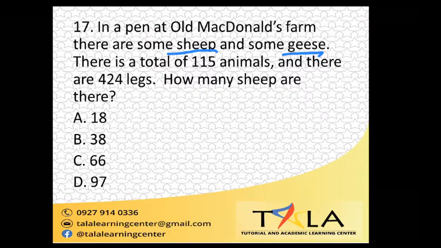Okay? So, there is a total of 115 animals and 424 legs. So, pag inadd yung number ng sheep at ng geese, 115. Pero dito kasi, unlike sa problem kanina, yung problem kanina nagbigay ng exact numbers ng sheep and geese. Dito, hinahanap mo lang number lang ng sheep. So, wala kang pwedeng gawin na i-add yung sheep at geese kasi wala ka namang i-eliminate sana.